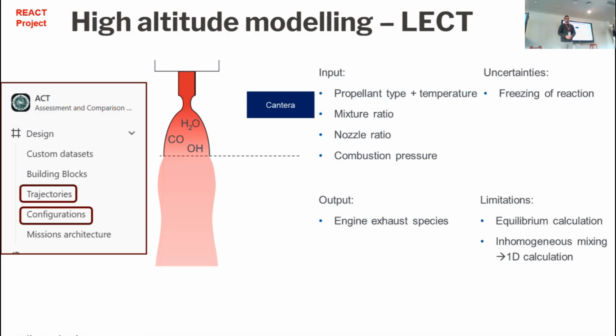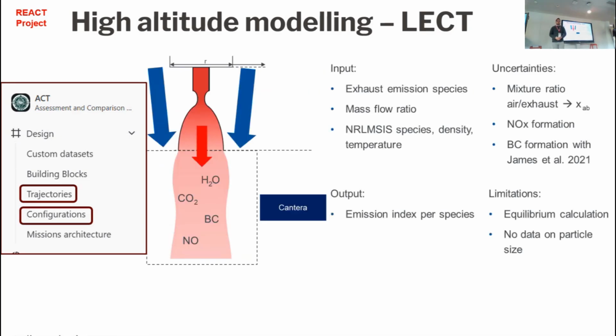as the first step. In the second step, we are also calculating the afterburning, so the interaction of the emissions that are emitted at the engine with the atmosphere and the surroundings. And this is also dependent, of course, on your trajectory, because the higher you get, the lower the density and the lower the mass flow of the interacting atmosphere. So this is implemented here with mass flow coming from the outside.